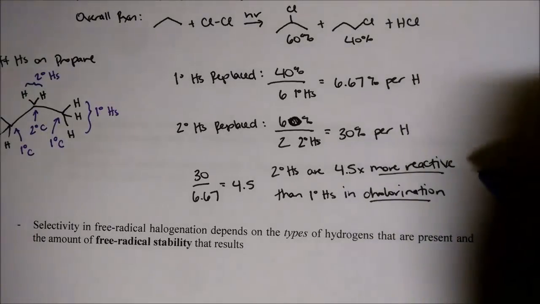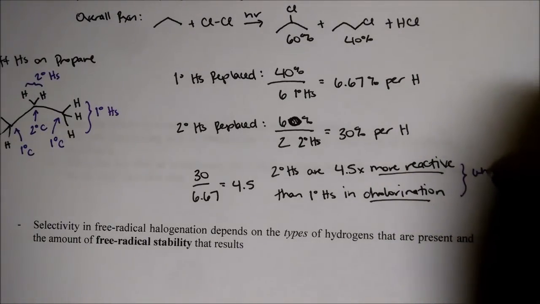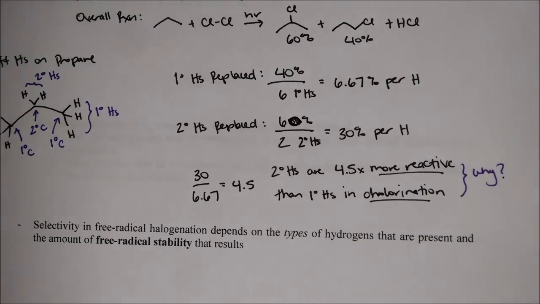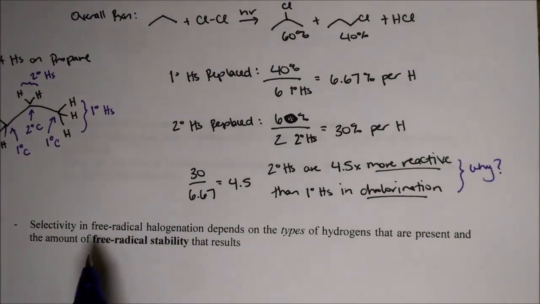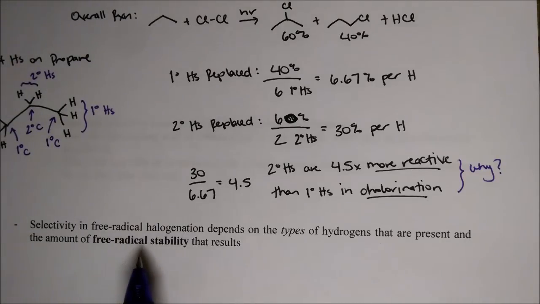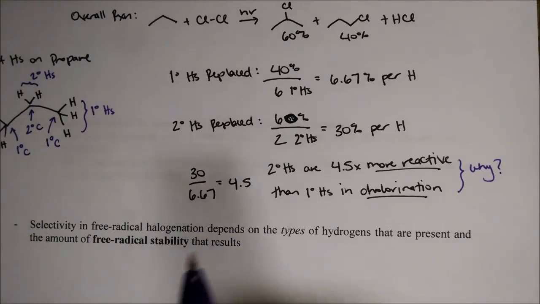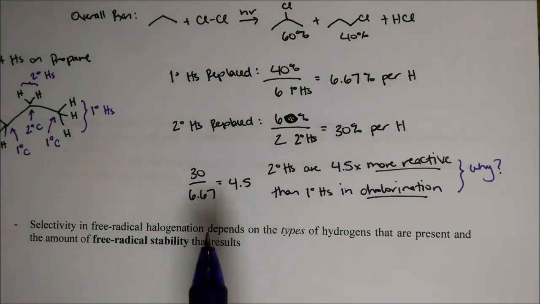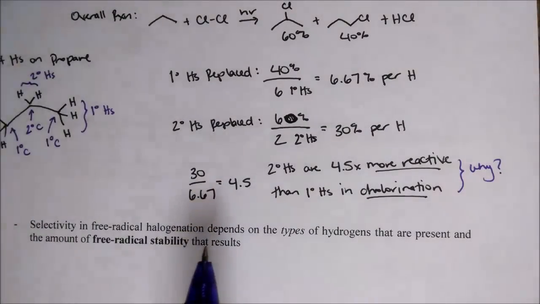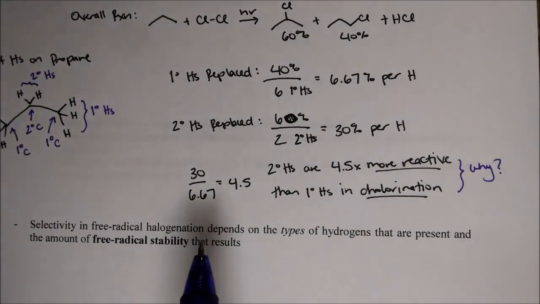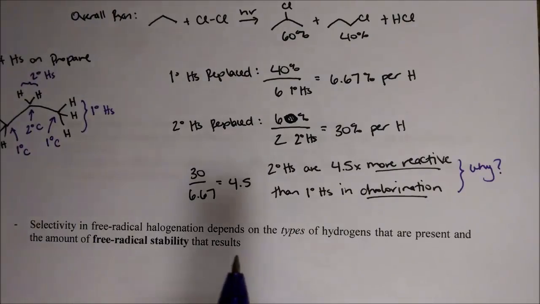Okay, so the burning question is why? Why are the secondary H's more reactive? And you can see in this next line, it has to deal with their stability. Because again, if you are a reaction and you're going through your mechanism, you're going to want to take the most stable path. You want to not expend too much energy.